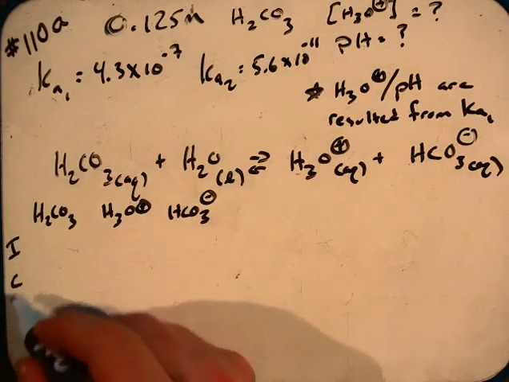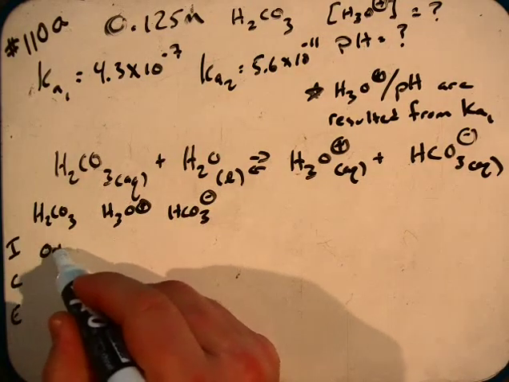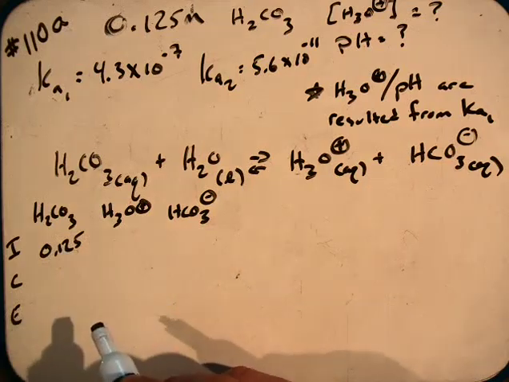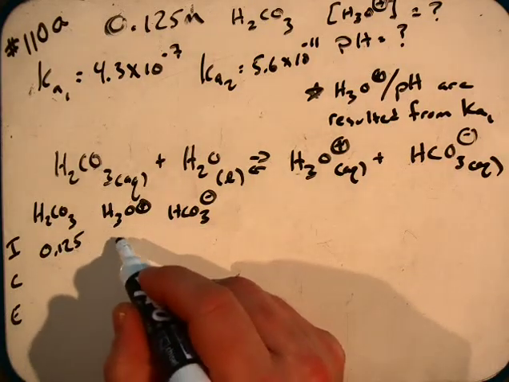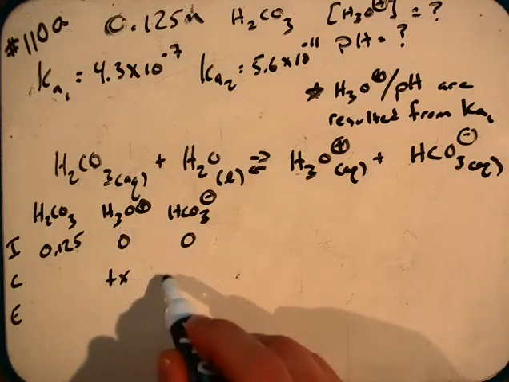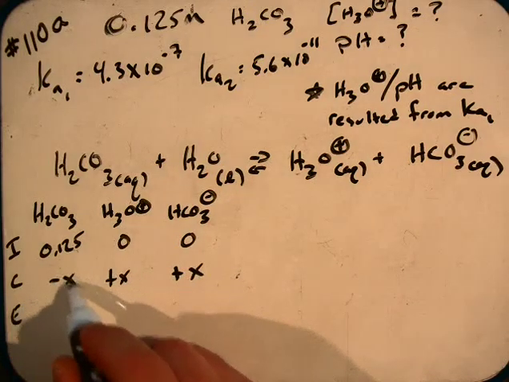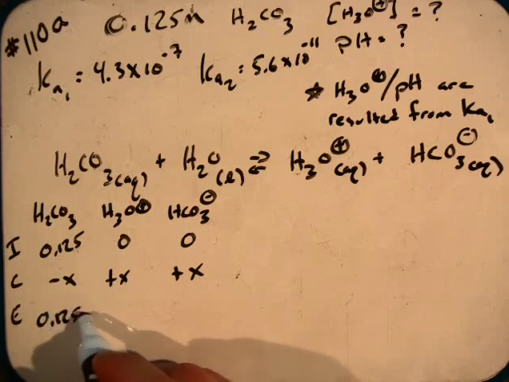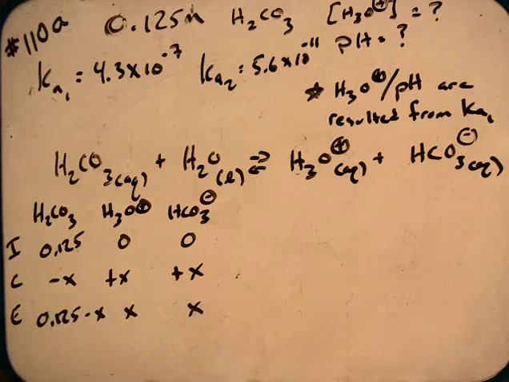We have an initial, a change, and an equilibrium. 0.125 molar for our carbonic acid, 0 for our products, which tells us the direction of the equilibrium change, and then gives us our equilibrium concentrations with respect to X, or with respect to that change.